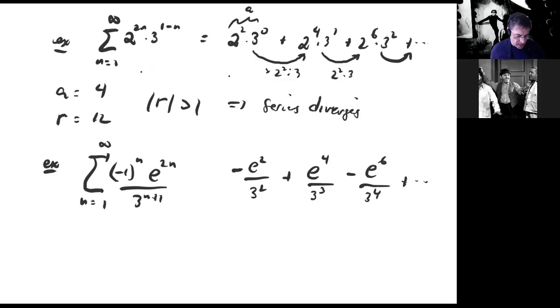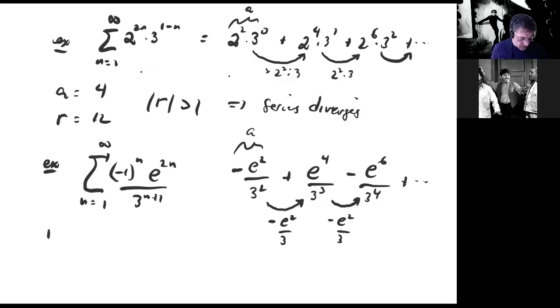It alternates in sign. The first term would be our a, and going from the first term to the next term in the sum, it looks like we're multiplying by minus e squared over 3. And let's see if that's correct, because we have to go from this term to this term. E to the 4th to e to the 6th is multiplying by negative e squared over 3 again.